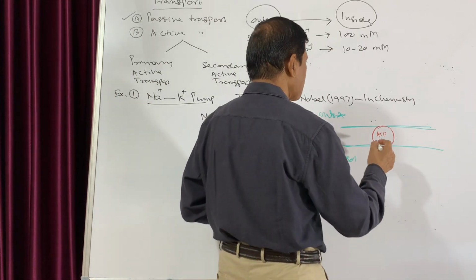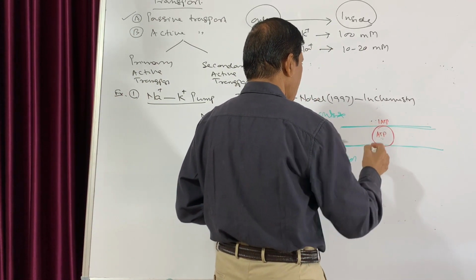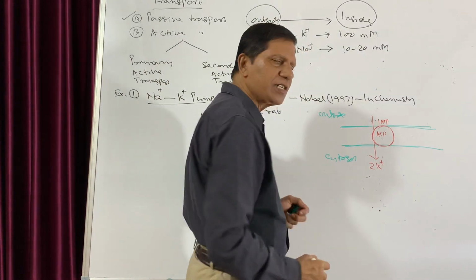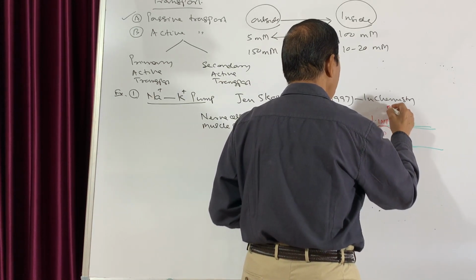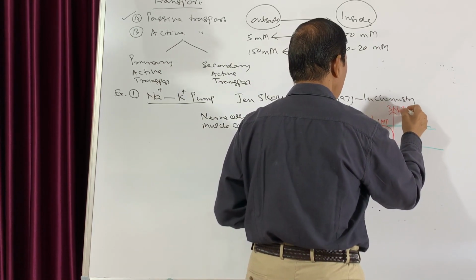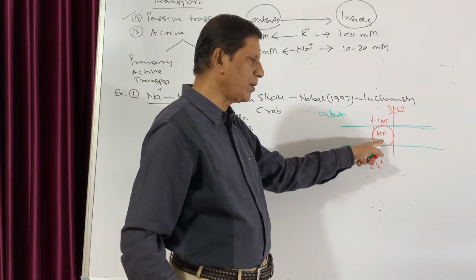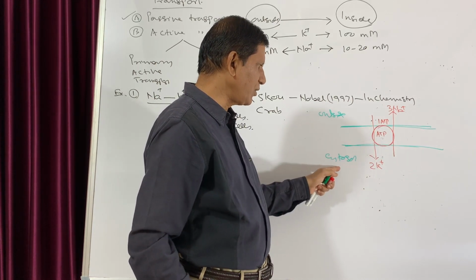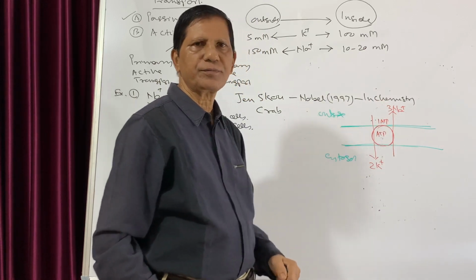That means for expenditure of one molecule of ATP, usually 2 potassium ions come inside the cytosol while 3 sodium ions go outside.